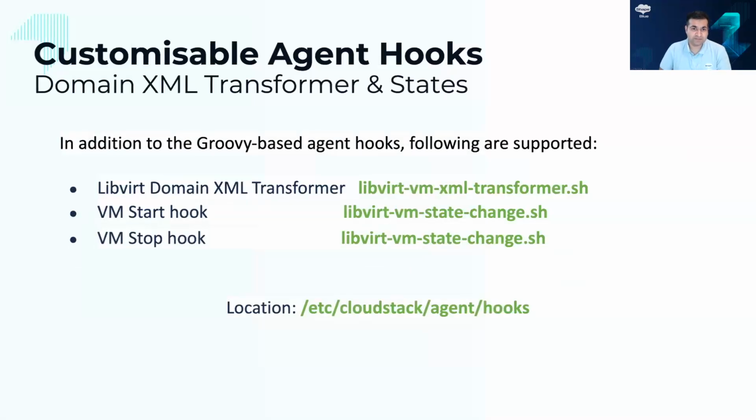We also introduced some hooks so operators and cloud builders can customize how the domain is transformed. In case of KVM, virtual machines or instances are called domains. Using these scripts, operators can define how a GPU is attached or detached to an instance.